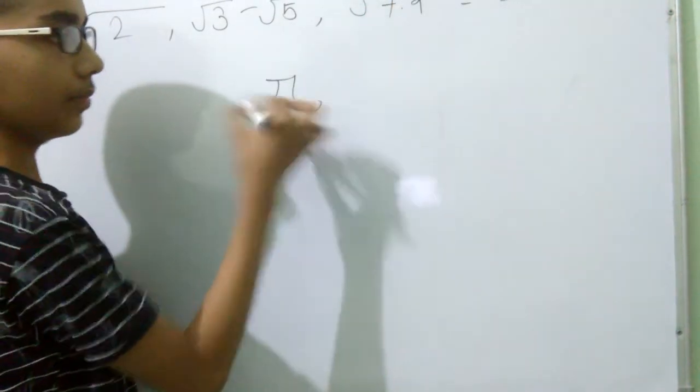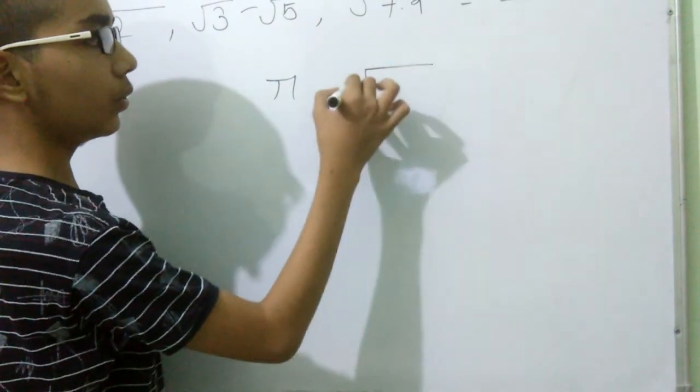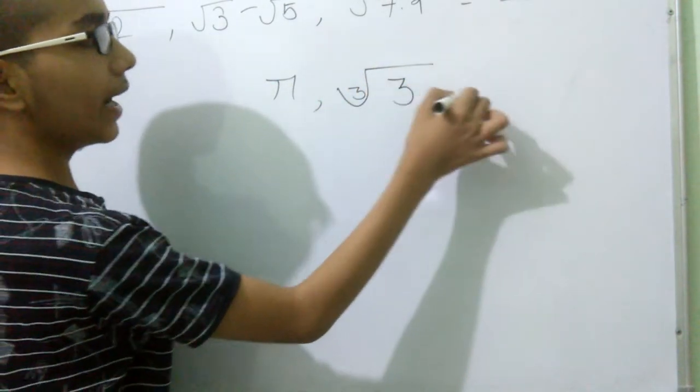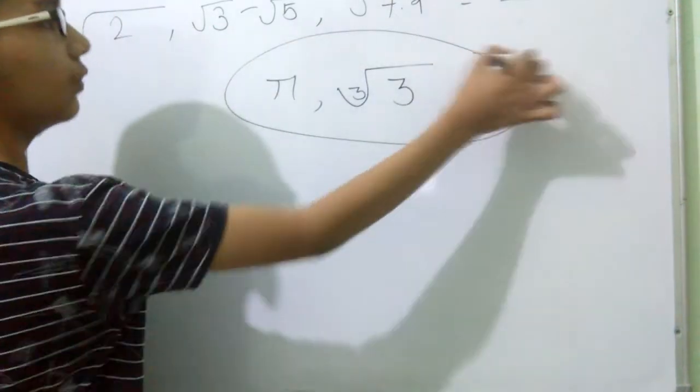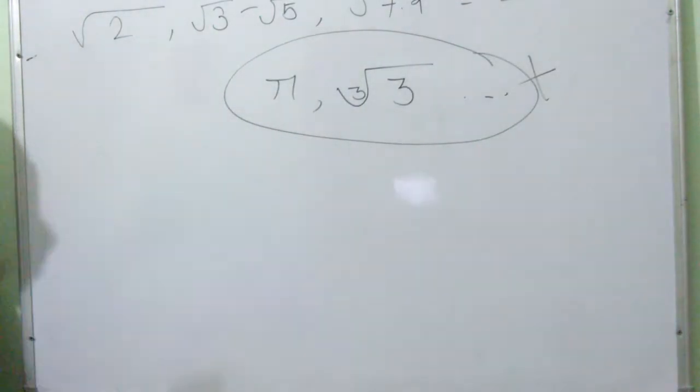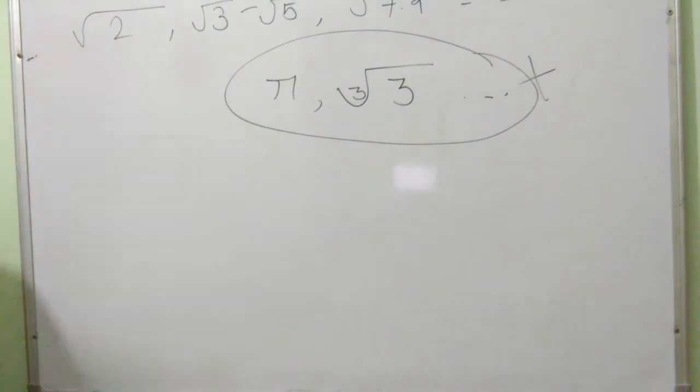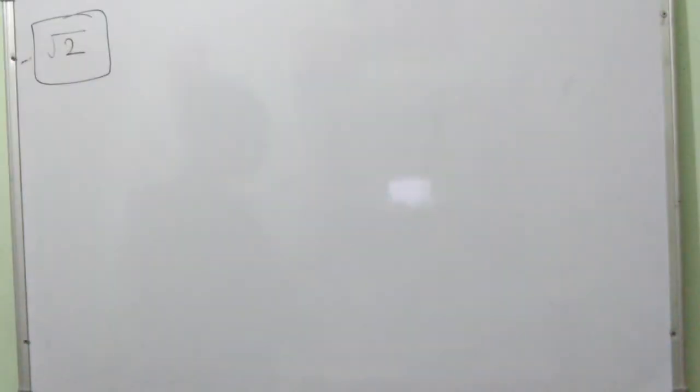Pi, cube root of 3, and such numbers we shall not do in this class. Okay, I hope it is clear to you. Now let's learn how to represent root 2 on the number line. Yes, so see how to represent root 2.